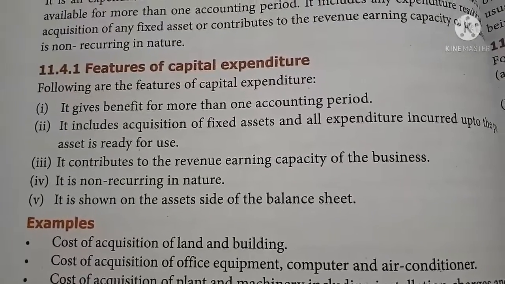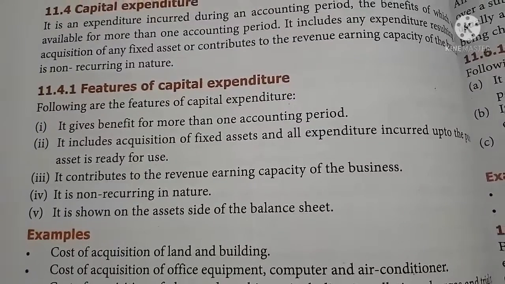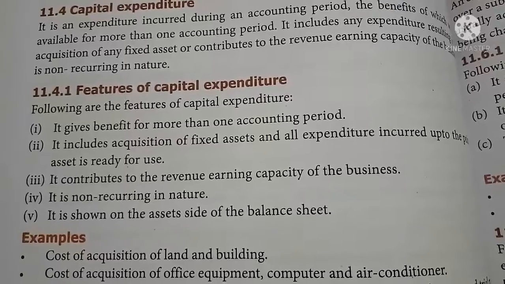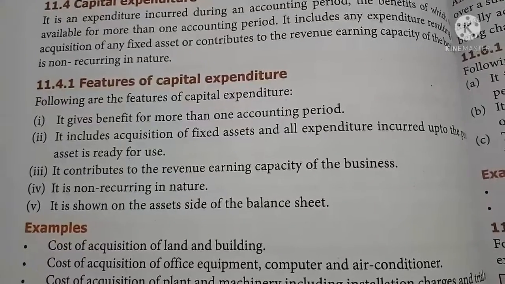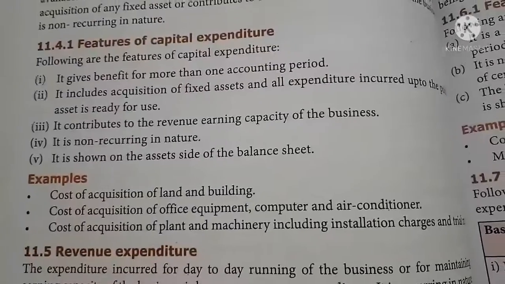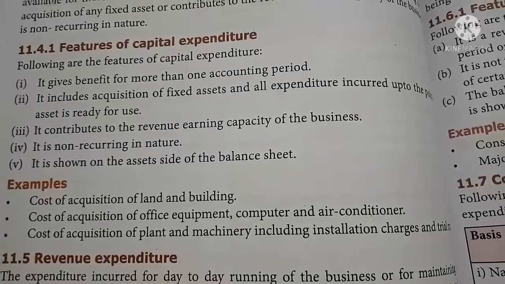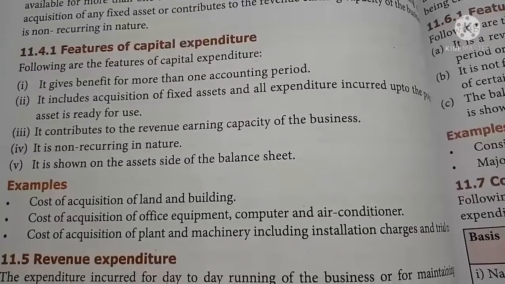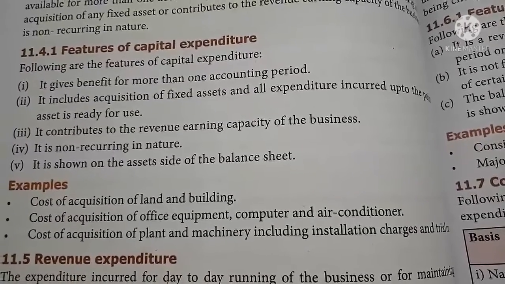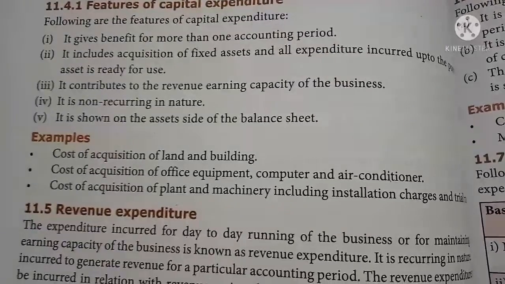It is non-recurring in nature, because capital expenditure will never be spent regularly. It is shown on the asset side of the balance sheet. Examples are cost of acquisition of land and building, office equipment, computer and air conditioner, and plant and machinery, including installation charges.